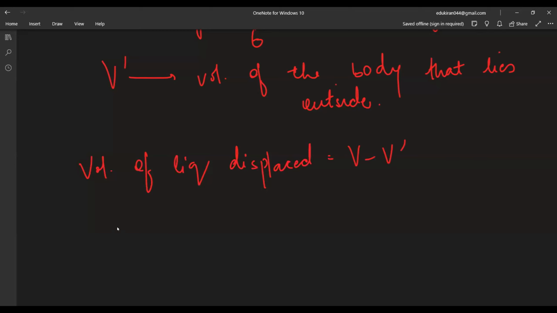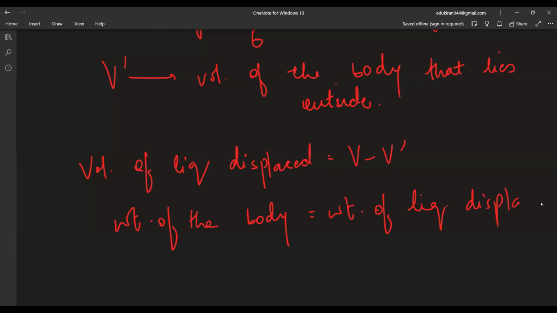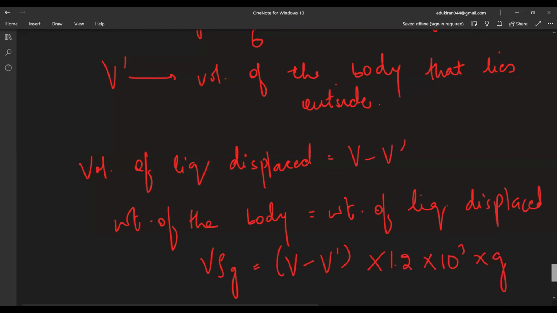The weight of the body is equal to the weight of liquid displaced. So V rho G is equal to V minus V dash into 1.2 into 10 to the power 3 into acceleration due to gravity G.